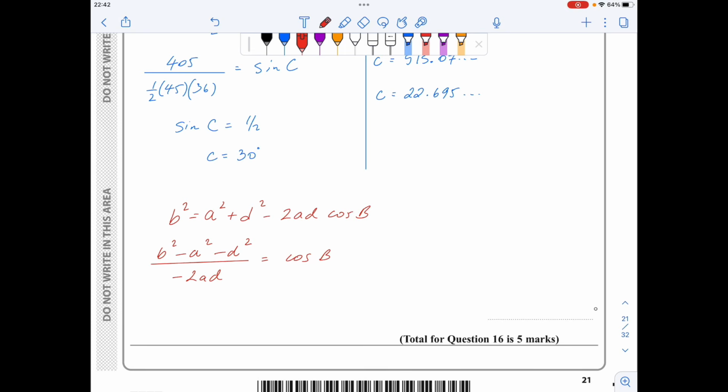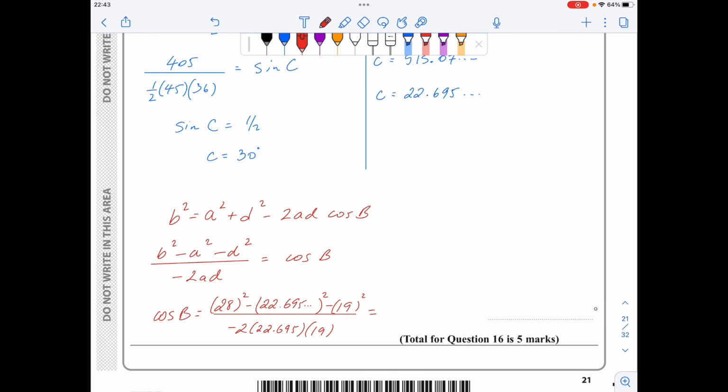Let's substitute the values in. Cos B is equal to 28 squared minus 22.695 and so on squared minus 19 squared, over minus 2 times 22.695 times 19.